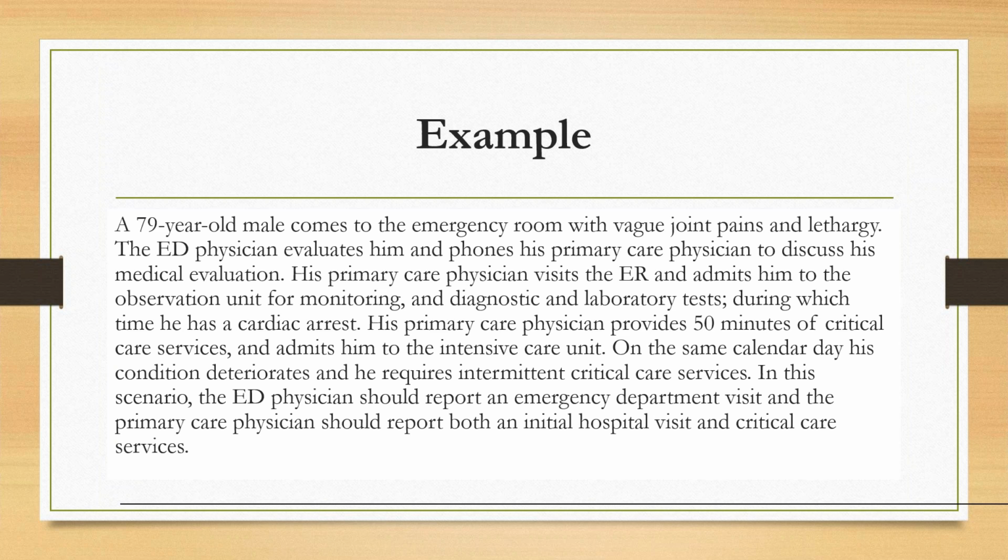But the PCP admits this guy, probably puts him in observation. Maybe he initially puts him in as a 99220 or a 99219. Later on, the hospital is probably going to change their status from outpatient observation to inpatient because he's meeting the InterQual standards now. So now the doctor's going to go back, change his observation code to an initial inpatient code, 99223, but later the same day, the guy codes.